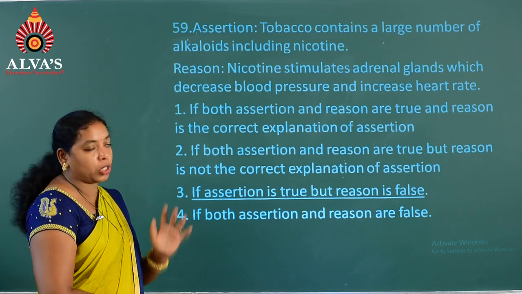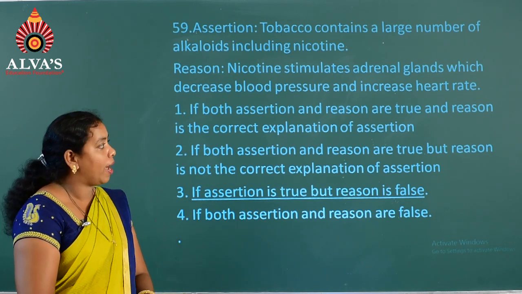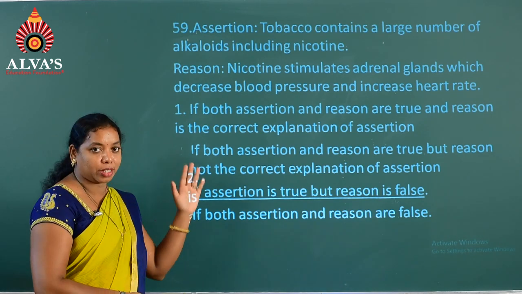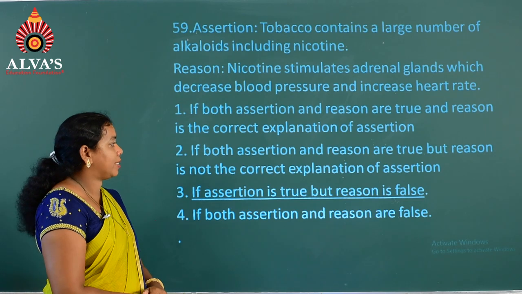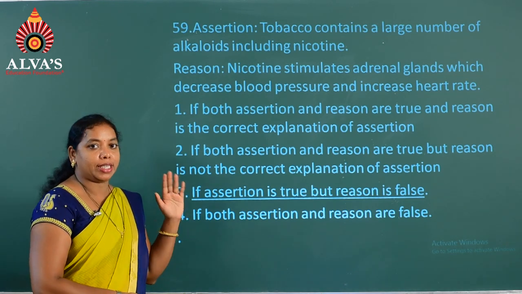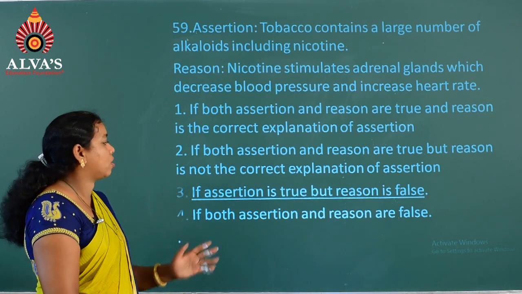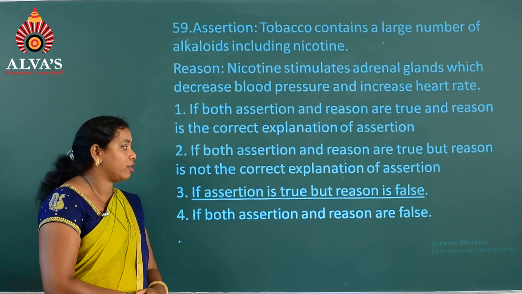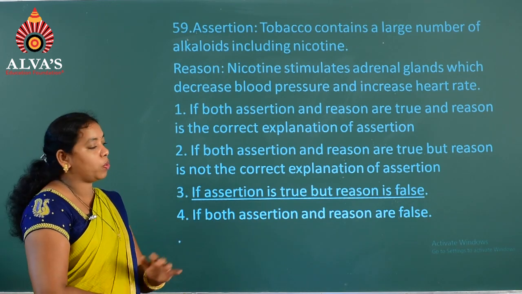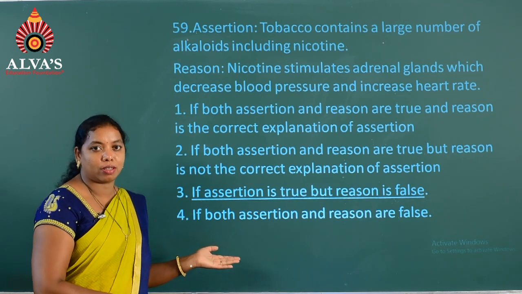The options are: first, both assertion and reason are true, and the reason is the correct explanation for the assertion. Second, both assertion and reason are true, but the reason is not a correct explanation for the assertion. Third, assertion is true, but the reason is false. Fourth, both reason and assertion are false.